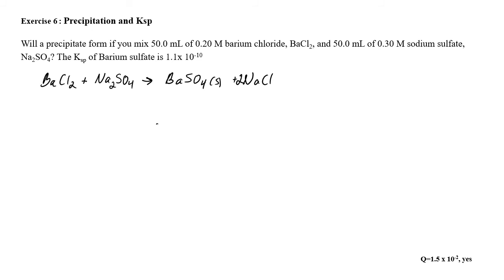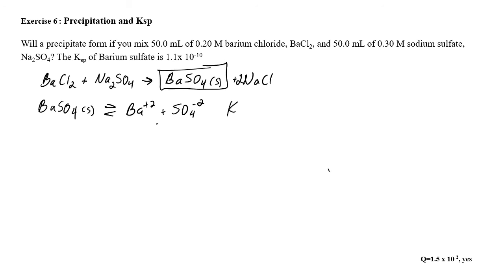Okay, so the precipitate is all I care about. And the equilibrium of interest is the barium sulfate in equilibrium with the barium ions and the sulfate ions. The KSP expression for this is barium sulfate.